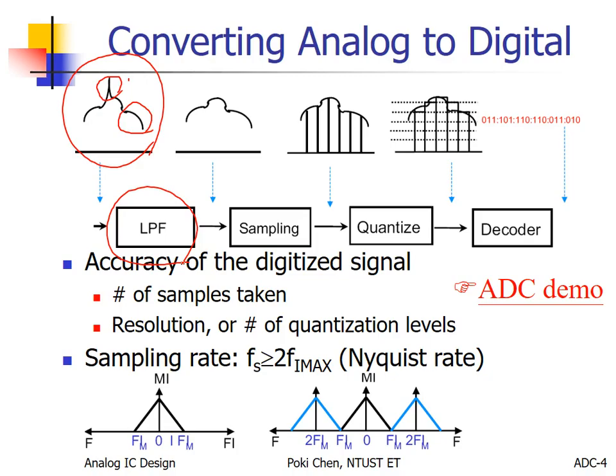Yeah. From the very beginning, I told you that there is a so-called Nyquist rate. All right. It means what? If you would like to handle all the input signals, then it means your sampling frequency should be larger than, at least equal to 2 times of your maximum input frequency. That's it. So I explained already. Okay.